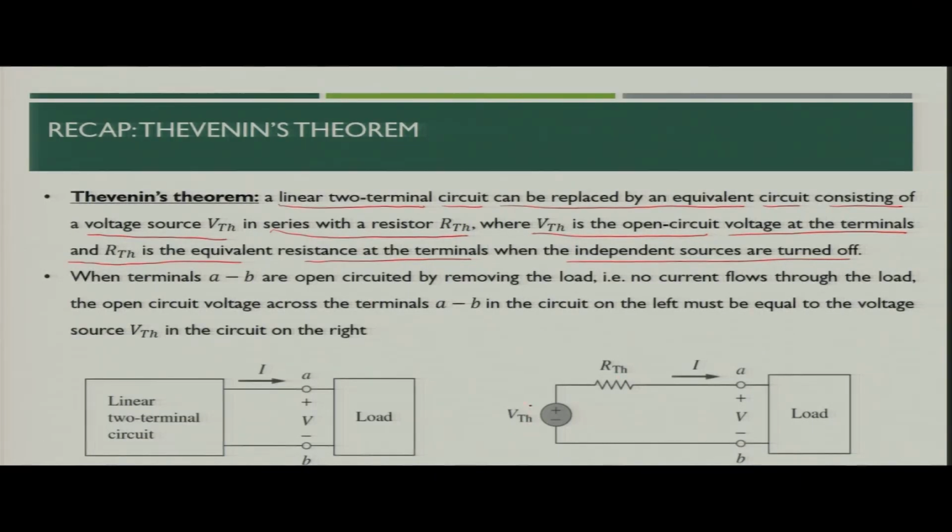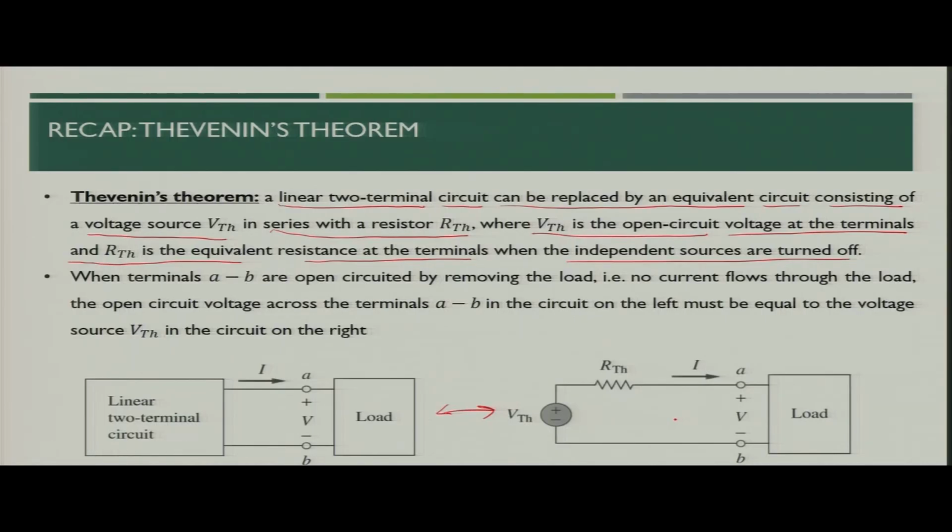The voltage would be considered as the Thevenin voltage and the resistance would be considered as the Thevenin resistance, and we will see that the V-I characteristic across terminals A and B will be the same in both cases. That means both of the circuits are equivalent because their V-I characteristics are the same.